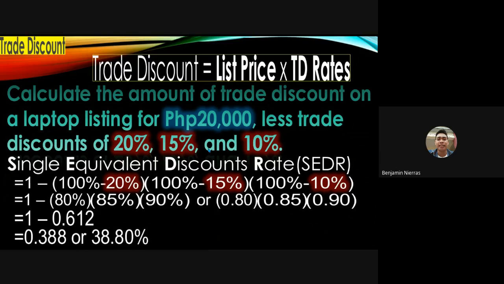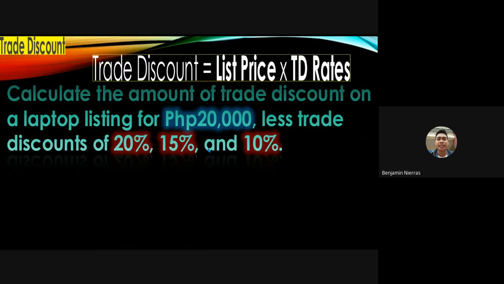That is only the combination of 20%, 15%, and 10%, no? So, 20%, 15%, and 10% is equal to 38.80% single equivalent discount rate. So, after finding the SEDR, we have the trade discount rate, 38.80%.